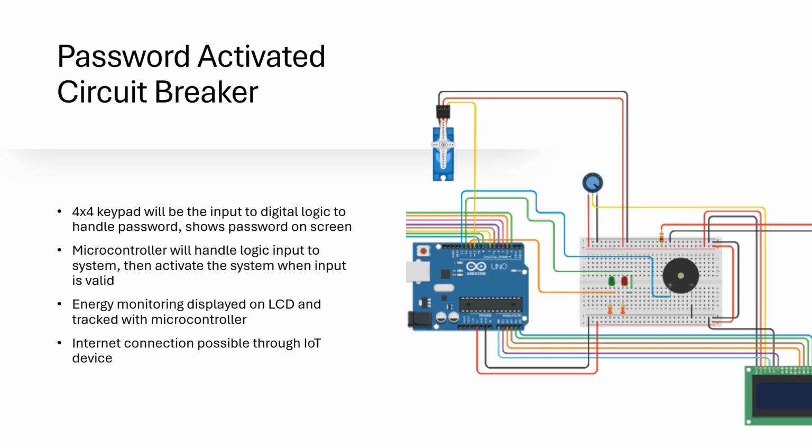Once it's been validated, it will display the information to you on the LCD, like the energy resource monitor, and also you will be granted access to the system, and the information is handled through the microcontrollers, which will likely be a digital logic software program.